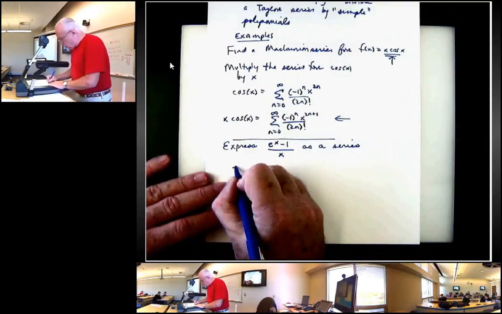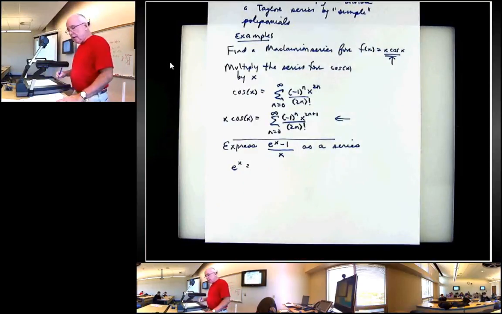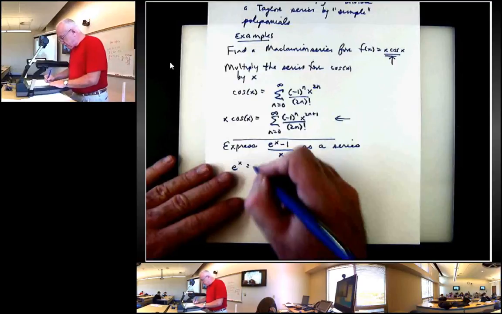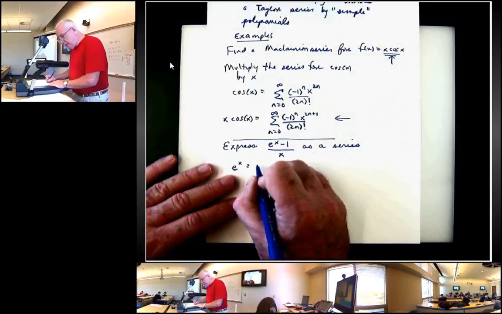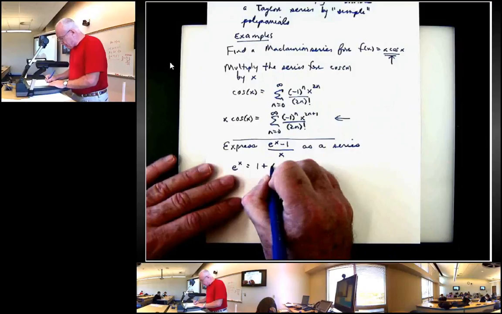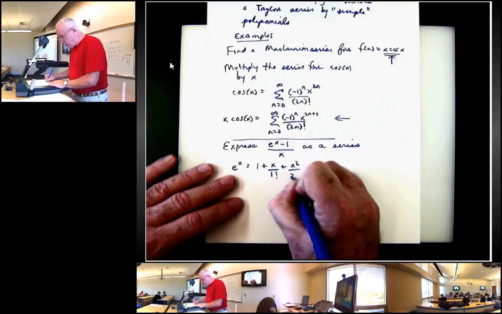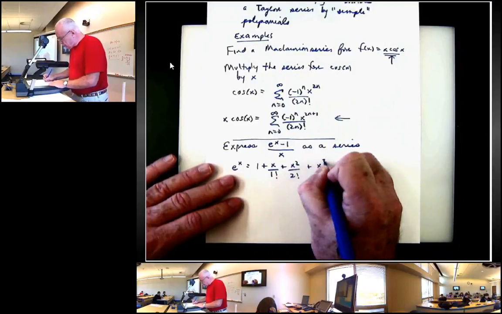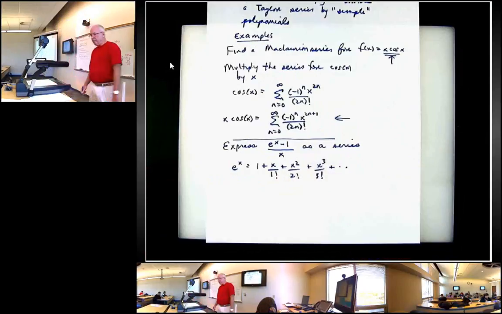We go to our given formula here, and let's write out what e to the x is. I'm just going to write out the first few terms of this. E to the x is 1 plus x over 1 factorial plus x squared over 2 factorial plus x to the 3 over 3 factorial, on and on like that.